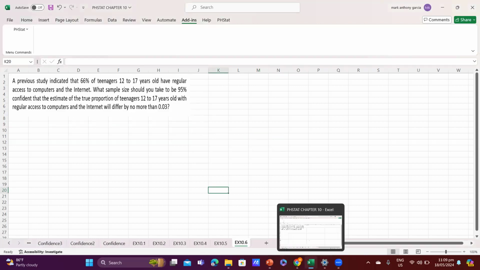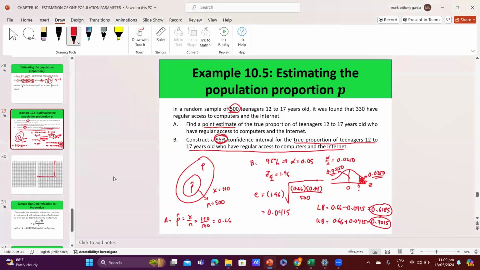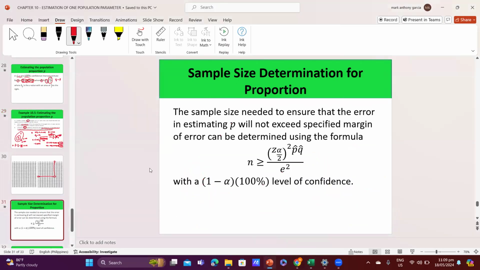Okay, and then, similar to our discussion in the interval estimation of the mean, we also have a formula for the sample size determination for the proportion. So it was mentioned in the previous video that whenever the margin of error decreases, then the sample size increases, and vice versa. Whenever the margin of error increases, then the sample size will decrease.